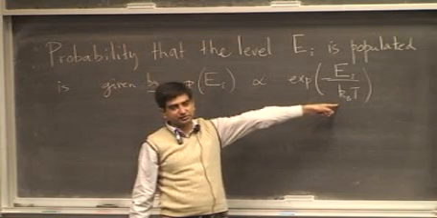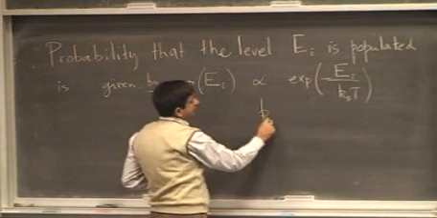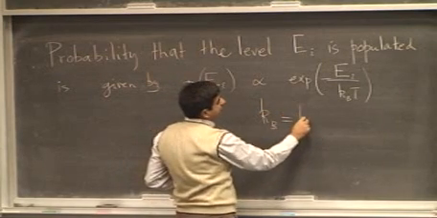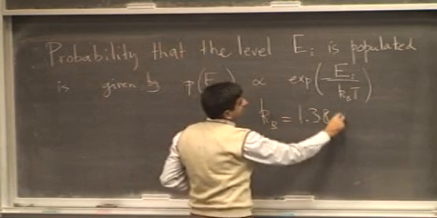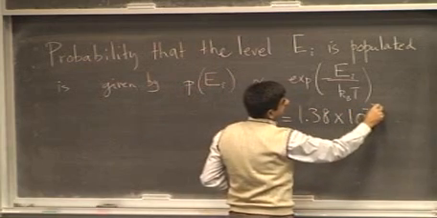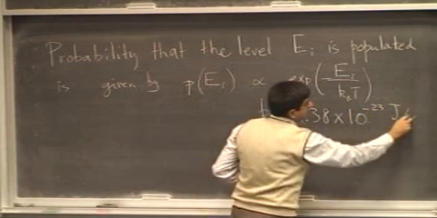It's called the Boltzmann constant. It has a value 1.38 times 10 to the power minus 23 joules per Kelvin.